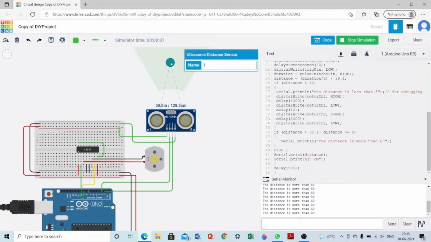At present the hand is too far away from the sensor, so the serial monitor prints that the distance is more than 60. Let's bring it closer and closer. At a certain range we can see that the accurate distance is being measured. Let's bring it to below 5.